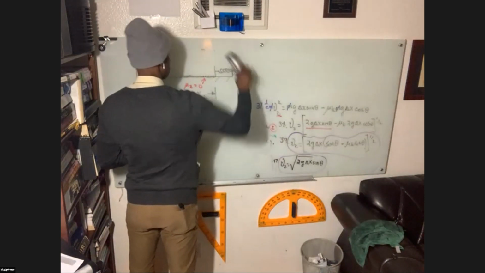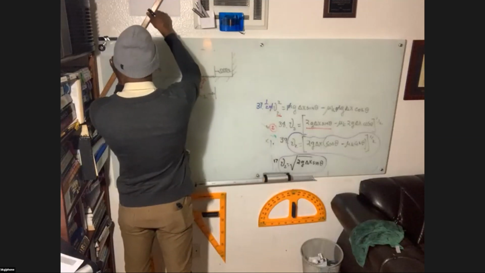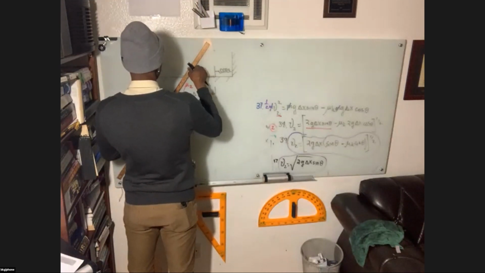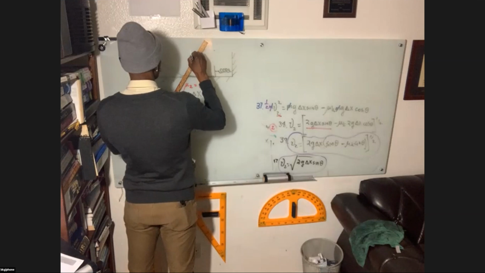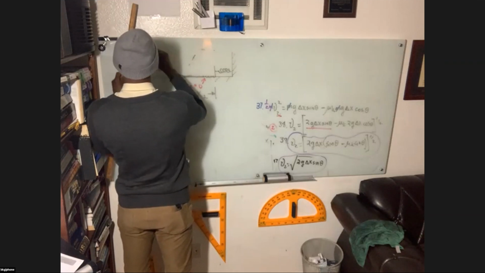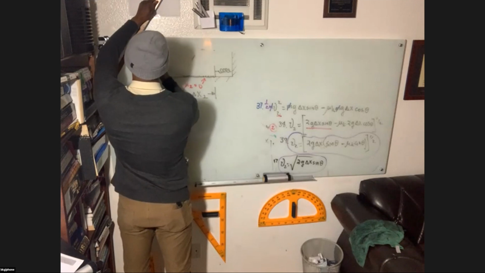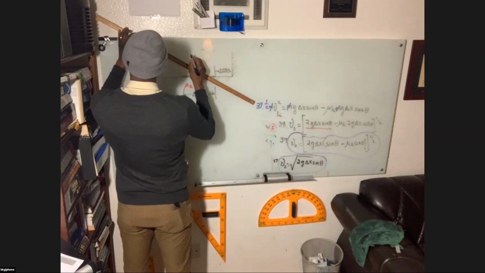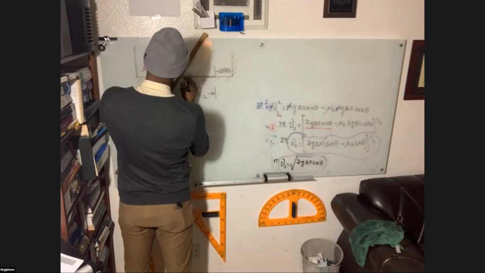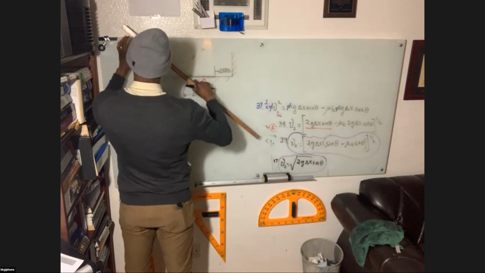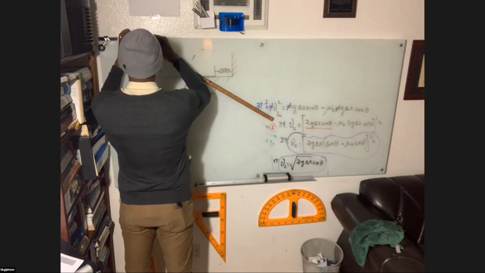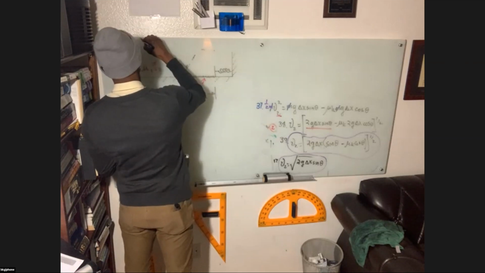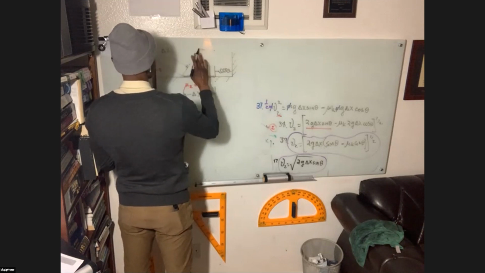And the distance down the plane is delta x1, just like it was before.